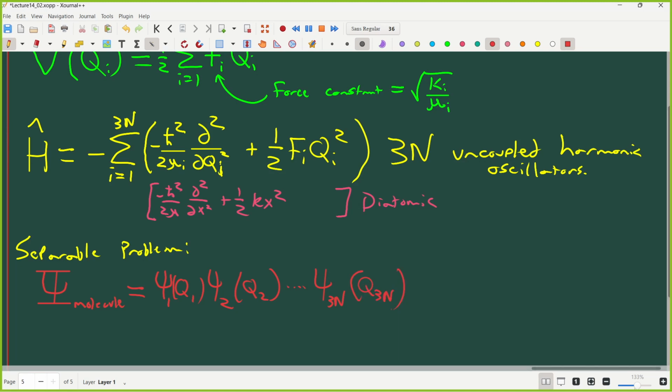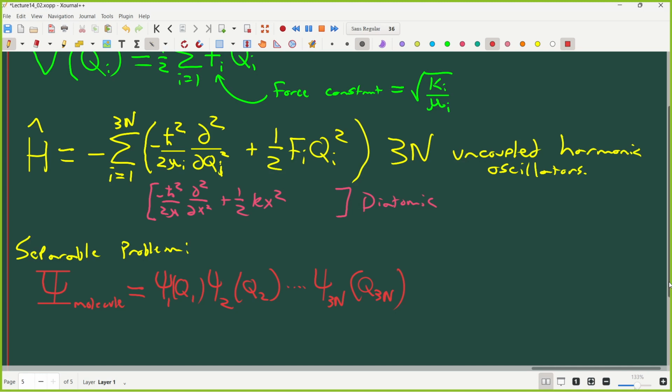The total wave function is a product of all of the coordinates, but they're all individual, right? So the wave function for coordinate 1, normal mode 1, doesn't have any dependence on normal mode 2. They're all separable. So we can treat each one separately, and the total wave function for our molecule vibrationally is the product of all of them.